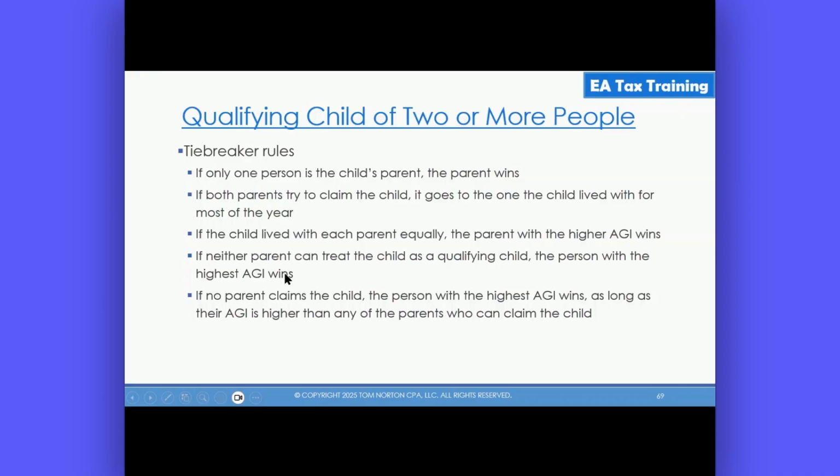If neither parent can treat the child as a qualifying child, then the person with the highest AGI wins. And if no parent claims the child, then it goes to the person with the highest AGI, as long as their AGI is higher than any of the parents who could claim the child. You'll remember that exception from video 1.